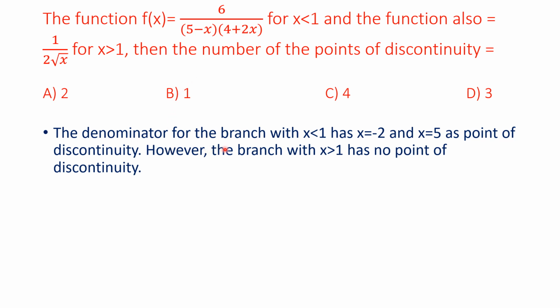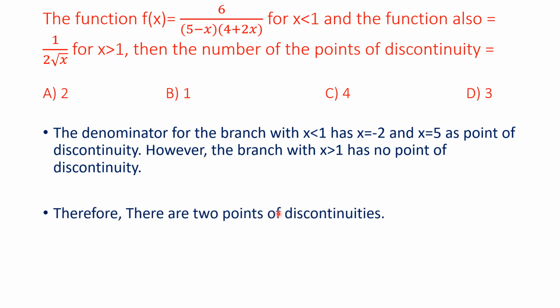However, the branch with x greater than 1 has no point of discontinuity, because the only value that's going to give us discontinuity is x equals 0. But for this branch, x is greater than 1, so we're going to ignore that. So we can conclude that we have exactly 2 points of discontinuity. This is our conclusion: 2 points of discontinuity, and that makes option A the answer.